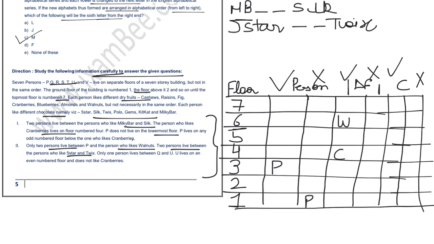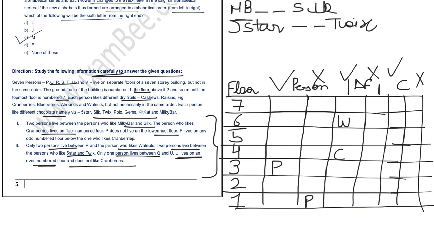Now it is given to you that only one person lives between Q and U, and U lives on an even numbered floor and does not like cranberries. Now it is clear that U lives on an even number floor, but he can't live on the fourth floor because he does not like cranberries, right?